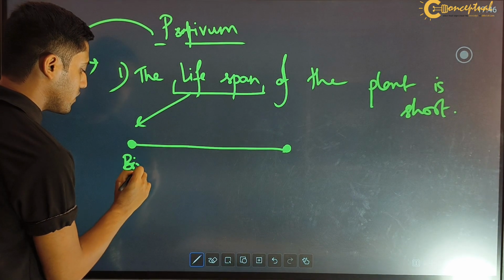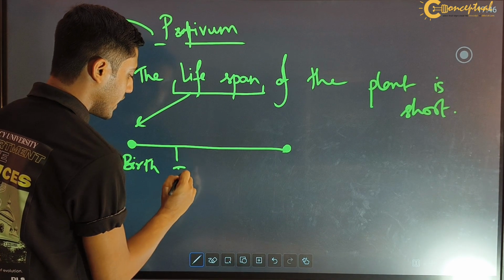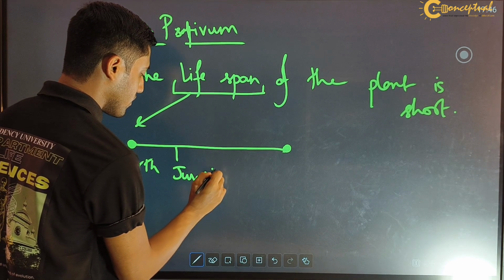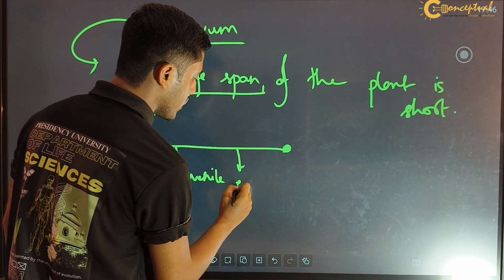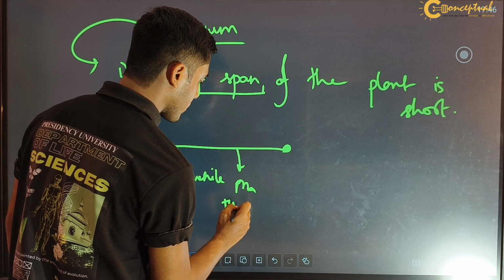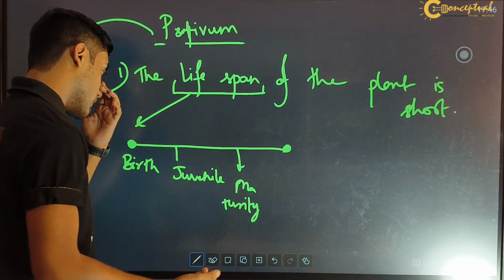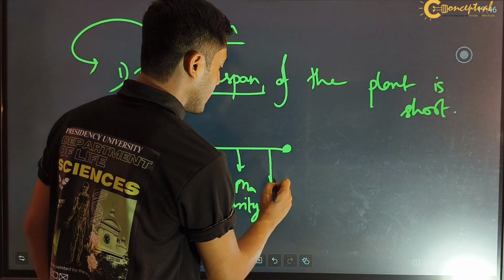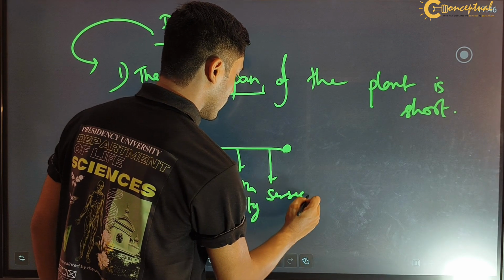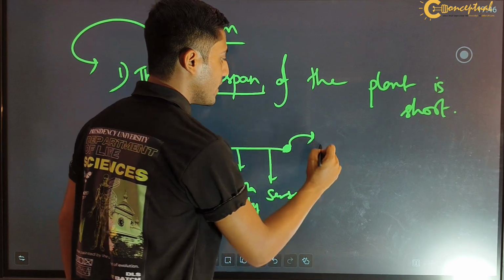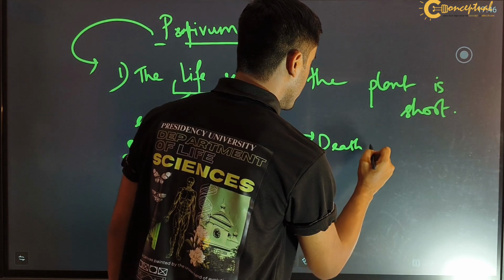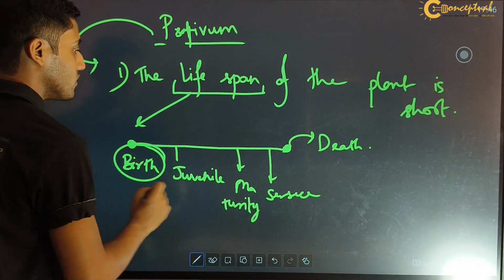Birth, juvenile phase, phase of maturity or phase of reproduction, where it is capable of producing another offspring, then senescence or old age, followed by death. So, this is the natural sequence of events that will happen from birth to death.